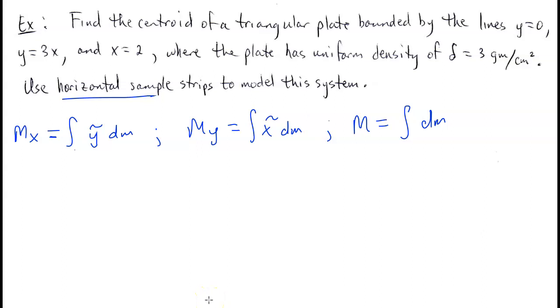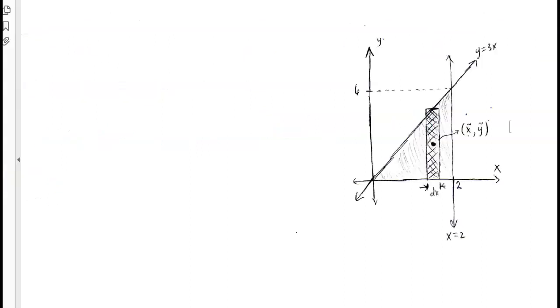So now the thing is how do we actually characterize what our x tilde, y tilde, and dm is going to be? Okay. So let's talk about that. So let's do x tilde and y tilde here. All right, so I have a picture of the same problem that we had before, visualizing it.